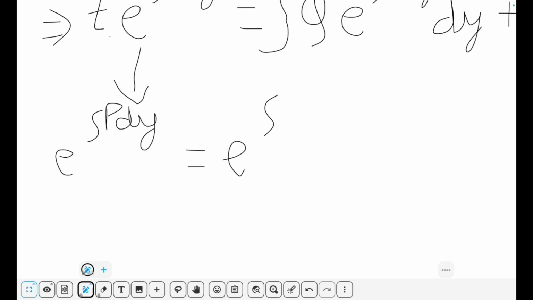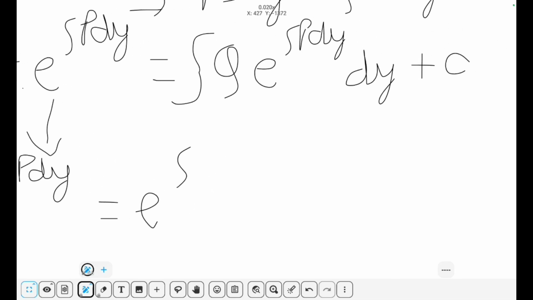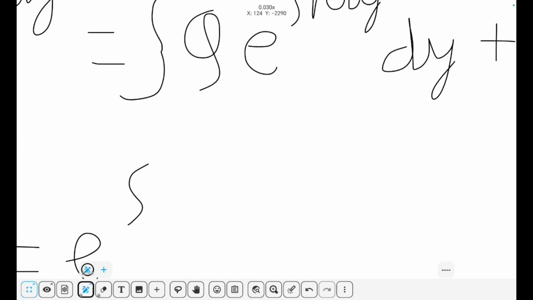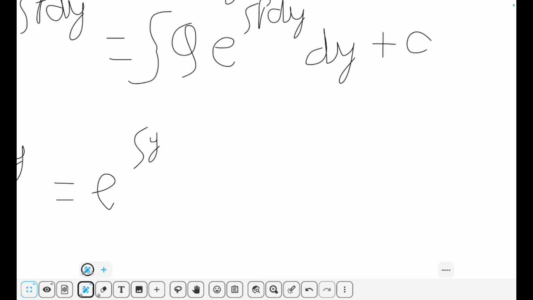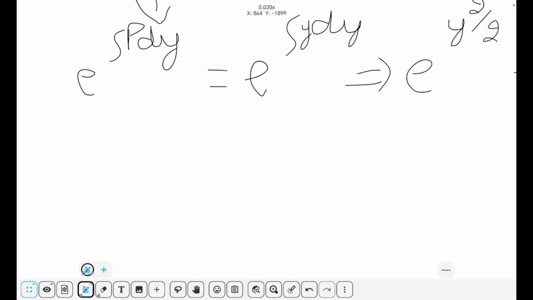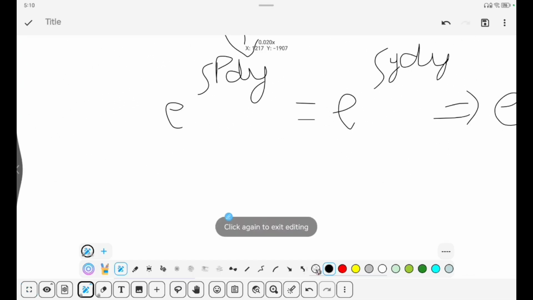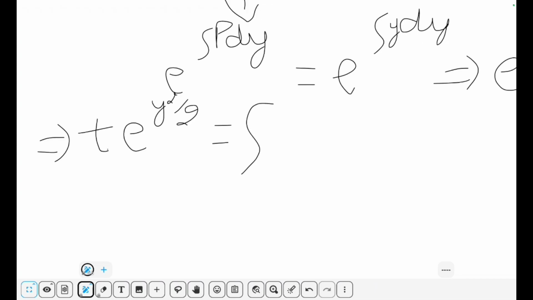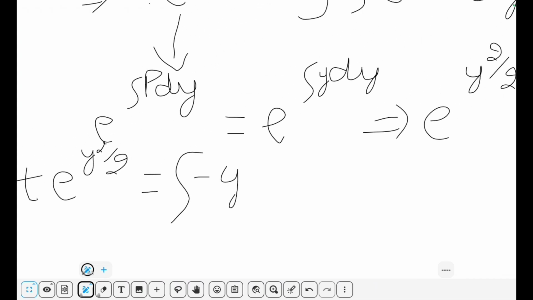That would be e^(∫y dy), that would be e^(y²/2). So now let us write this here. That gives the integral of Q, which is minus y³, into e^(y²/2), plus c.